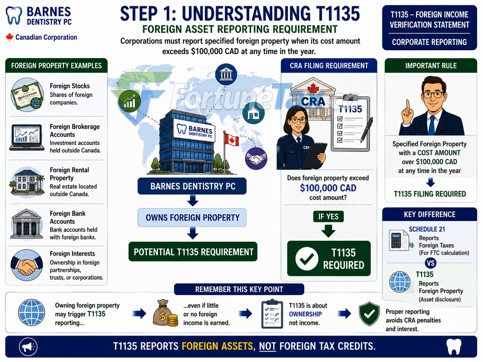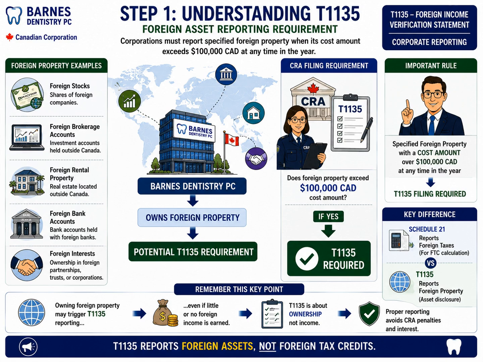It reports foreign property ownership. In other words, Schedule 21 is about foreign tax relief. T1135 is about foreign asset disclosure. Both forms deal with international activities, but they answer different questions. Schedule 21 asks, how much foreign tax was paid? T1135 asks, what foreign property is owned?